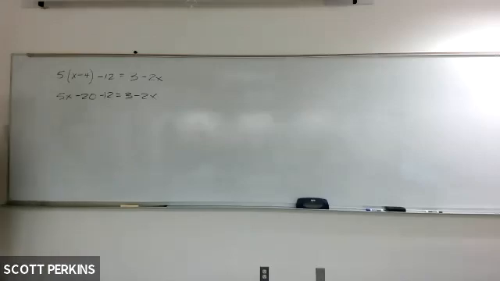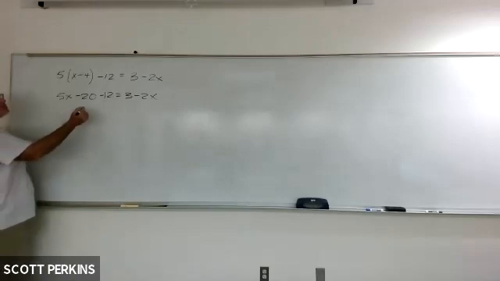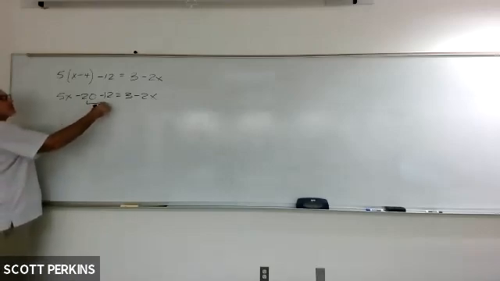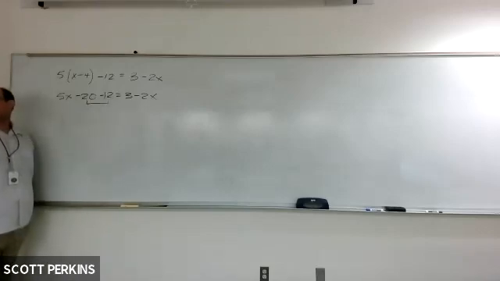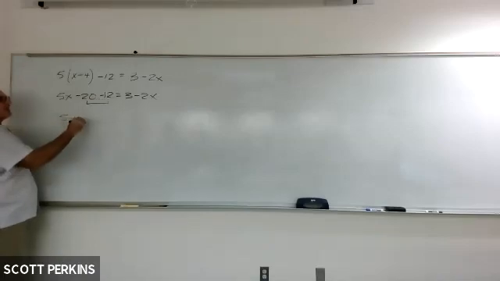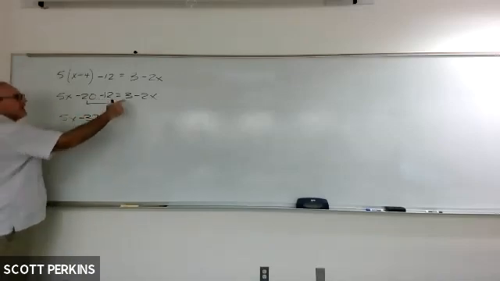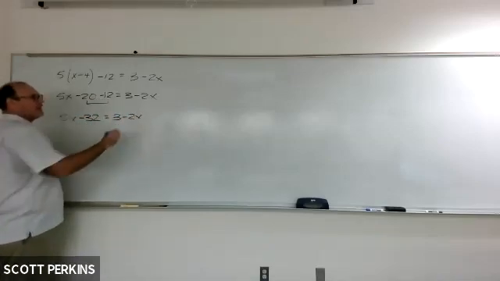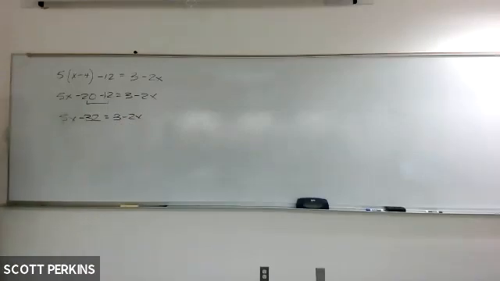And so I'm going to collect these like terms on the left. I don't have any like terms on the right, so this one's even a little simpler than before. The two terms on the left that are like terms are the -20 and the -12. Neither of those has an x associated with it. So I have 5x, -20, -12 is -32. And then I have 3 minus 2x. I'm going to put all my x's on the left. I'm going to put all my numbers on the right.